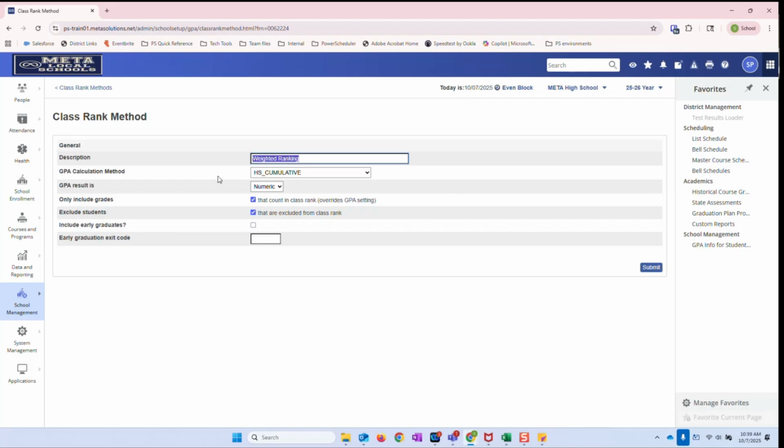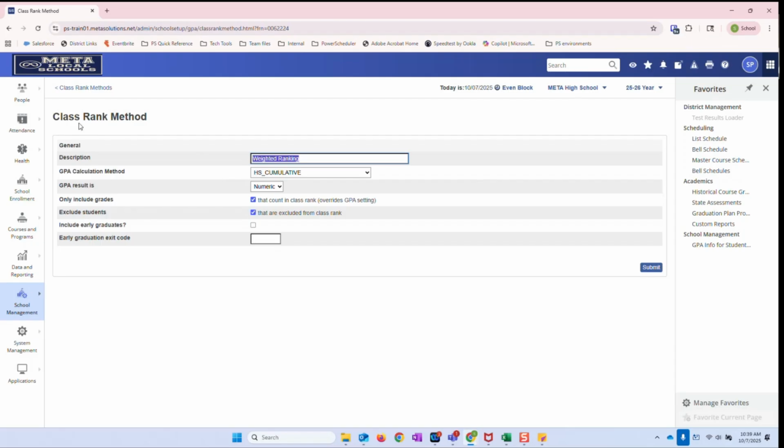So again, this is just going back to what I said at the beginning, that you want to be aware, and that's why I built out the agenda the way I did, of all the places in your building that are utilizing GPA. So if you choose to change the GPA calculation or rename it, just be aware that some of the things that you have set up won't work anymore.